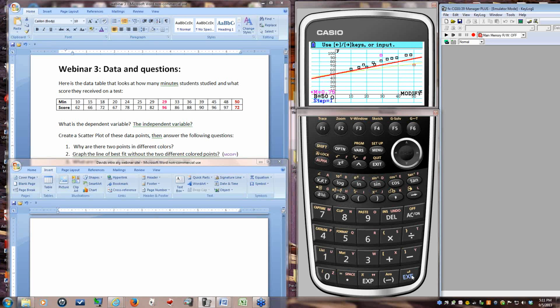Oh, California pipes in with 0.9, so we'll try 0.9. That's not bad, but I'm going to say two things. That's not quite a good enough slope, but I'm also going to say that the intercept should be bigger. So some students might say, let's try 55.